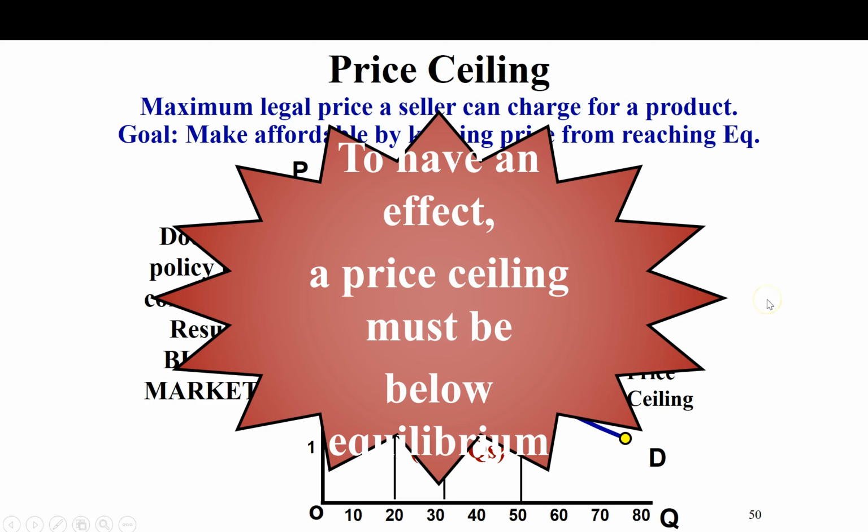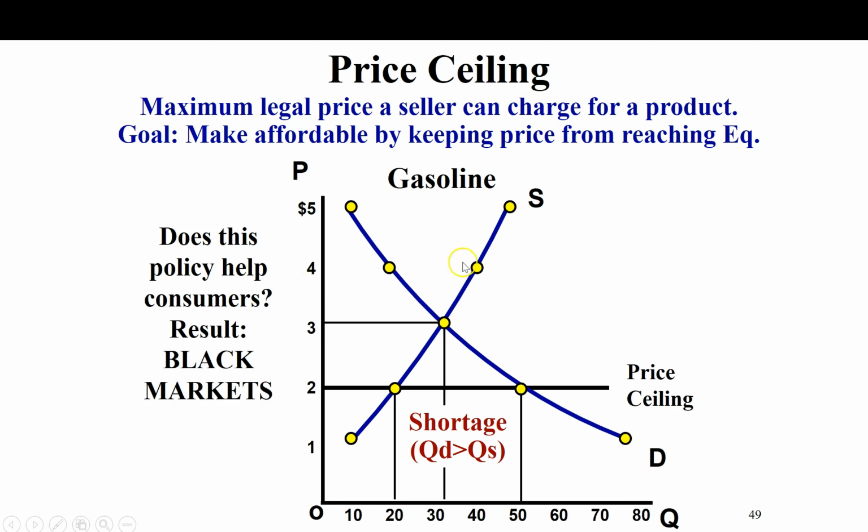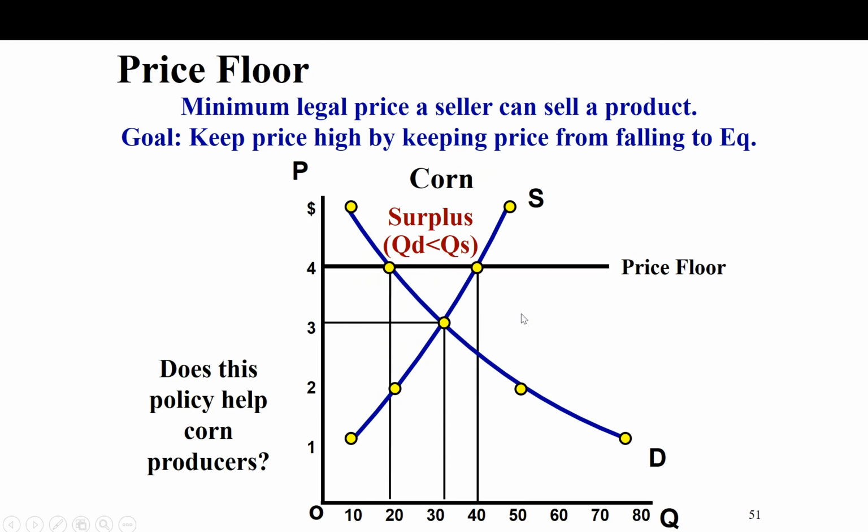A price ceiling set above equilibrium would have no effect because all it says is that it can't go higher than the price maximum. And if it's set above equilibrium, well, equilibrium price is going to be where the good is allocated, and so you're not going to have a problem with a $4 maximum. However, an effective price ceiling, when it has an effect in the market, is going to be set below equilibrium, just to be clear on that.